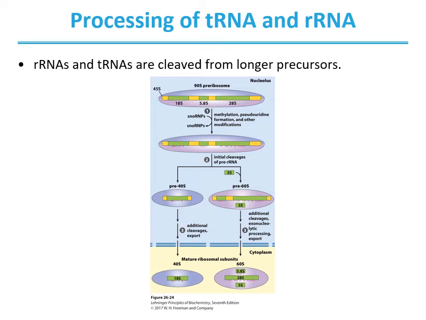The cleavage reactions and all of the modifications require small nucleolar RNAs, or snoRNAs. snoRNAs are found in protein complexes, snoRNPs, in the nucleolus that are reminiscent of spliceosomes. The 5S rRNA is produced separately.